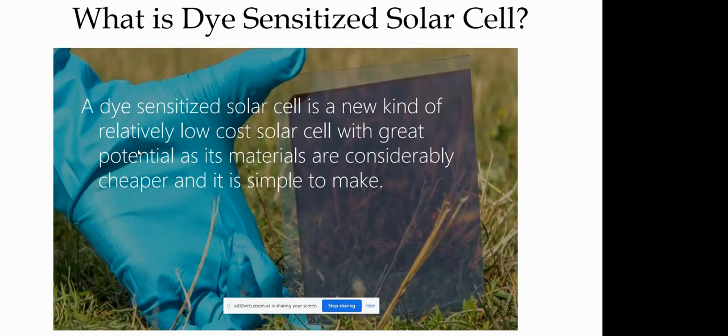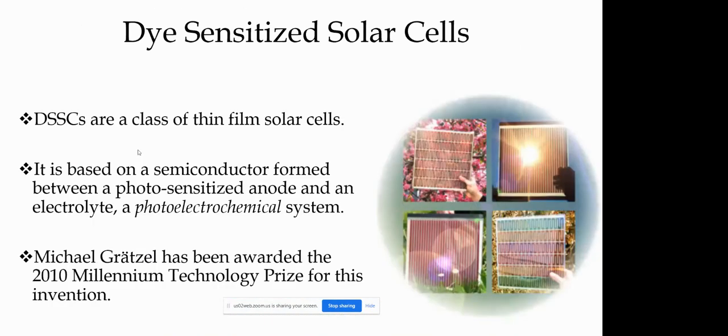Another advantage is that these are very colorful. You have different color dyes, so you can integrate an aesthetic look, which is not present in the case of crystalline silicon solar cells. The research in this domain that came forward is from Michael Grätzel, who showed the potential of this.